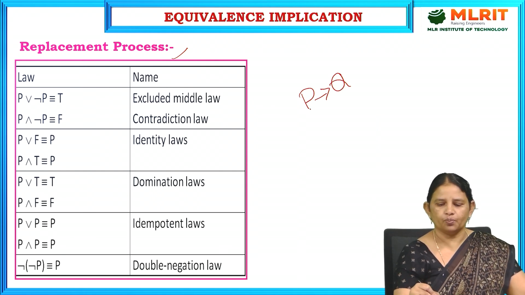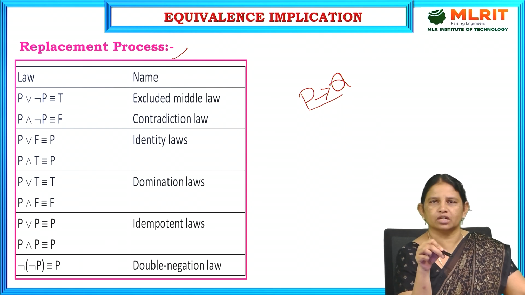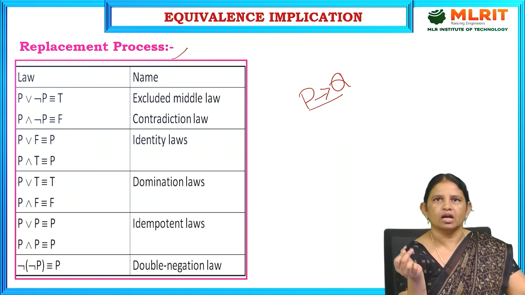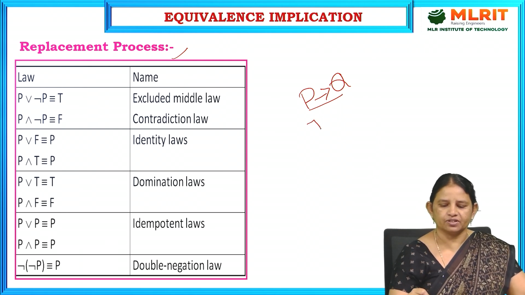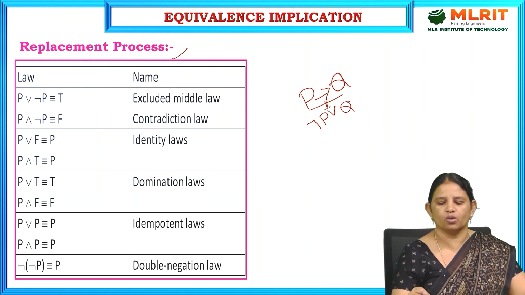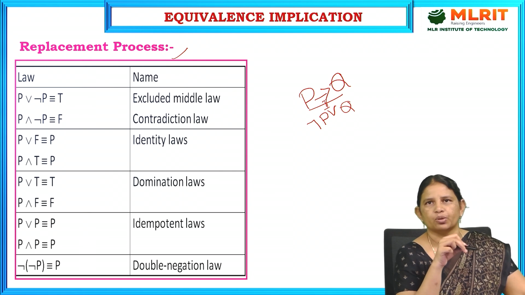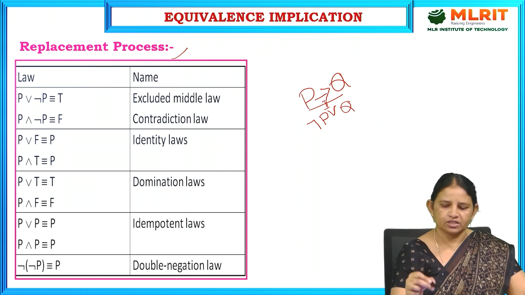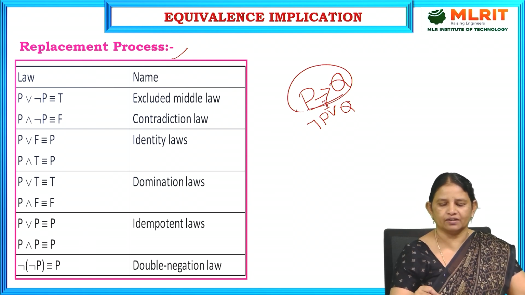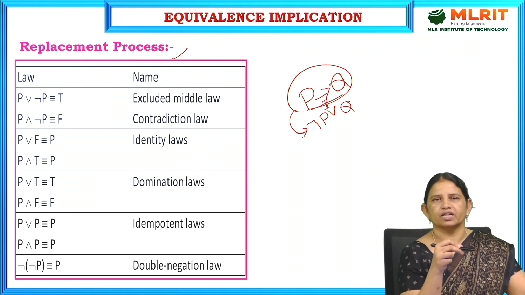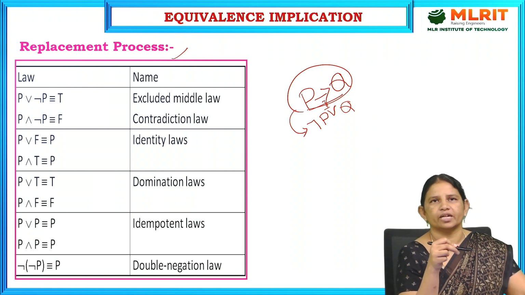For example, P implies Q is a proposition or a statement. That statement is replaced with the corresponding formula, negation P or Q, which is the corresponding formula for P implies Q, or P conditional Q. That means we replace this statement with another statement. That's why this process is called a replacement process.